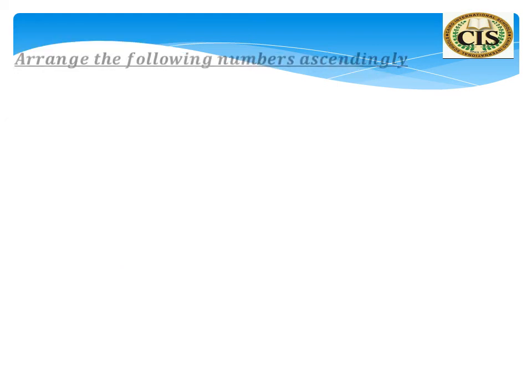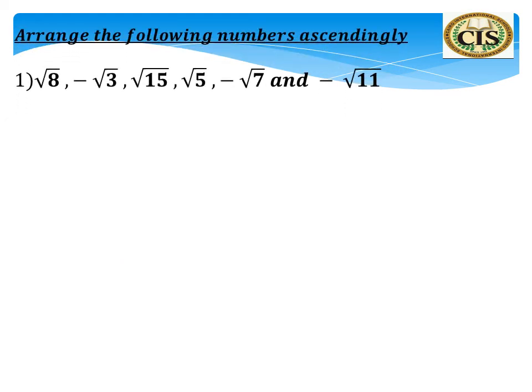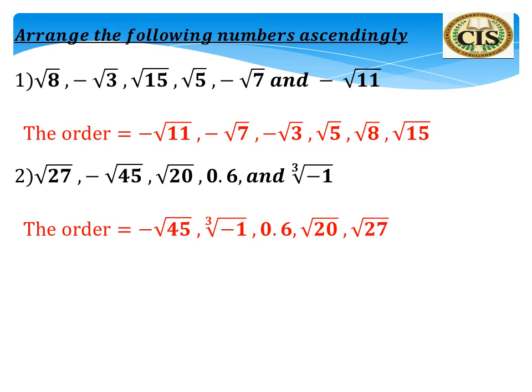Arrange in ascending order: first we find the approximate values. Negative root 11, negative root 7, negative root 3, root 5, root 8, and root 15, and so on. We can find the approximate values by using a calculator and arrange them as follows.